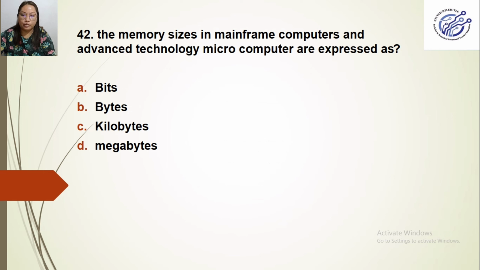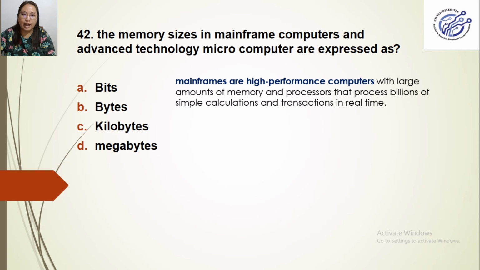Then, 42, the memory sizes in mainframe computers and advanced technology microcomputers are expressed as. So, ano ba yung ating mainframes na tinatawag? Itong mainframes po ay high performance computers din po siya with large amount of memories and processor that process billions of simple calculation and transaction in real time.